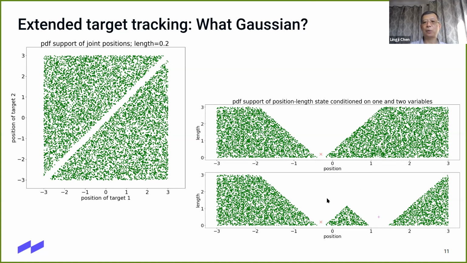When it's conditioned on two targets, the support of this conditional distribution takes the shape of the bottom figure. So here, when we say a Gaussian distribution, what exactly does that mean? It may be just my ignorance. Maybe I am not aware of rigorous mathematical tools to deal with these. I'd be happy to learn if they exist.